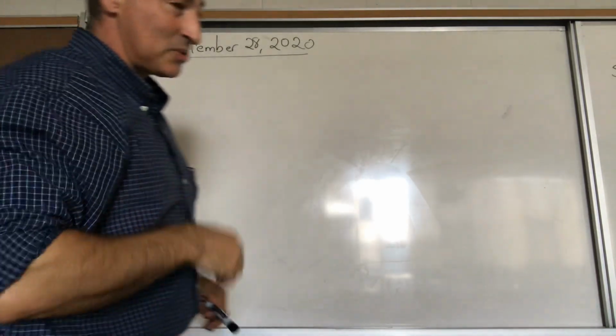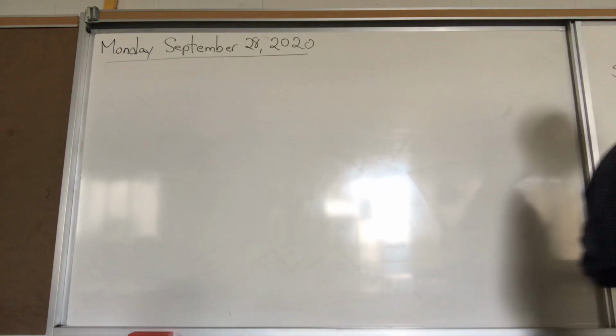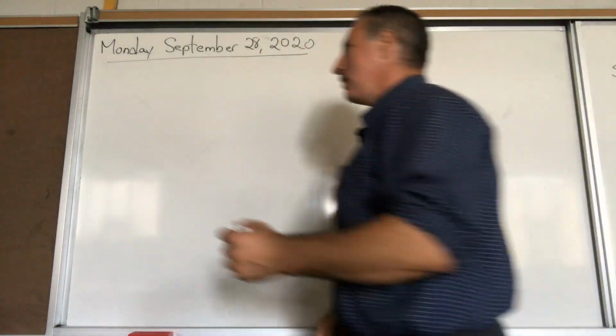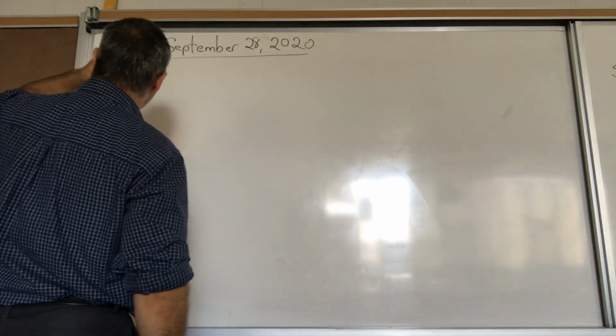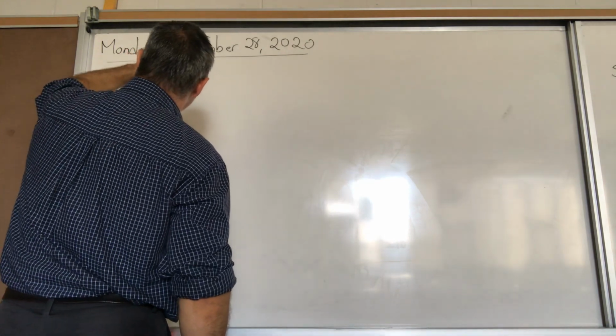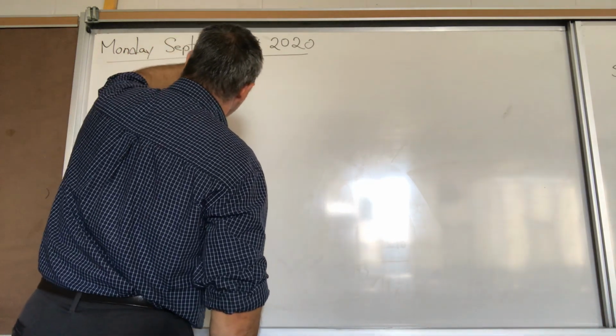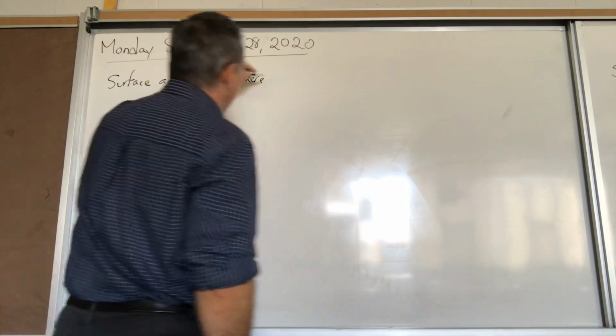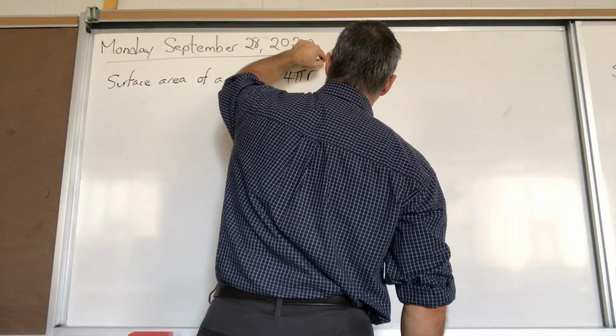So the question is this: what is the surface area of the Earth? The surface area of a sphere is 4 pi times the radius squared.